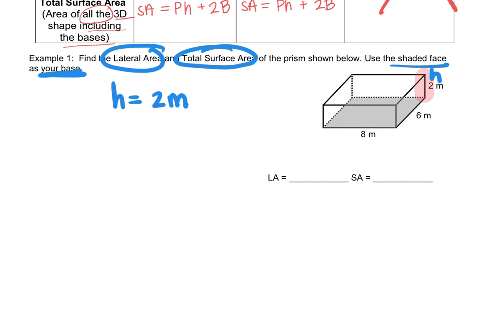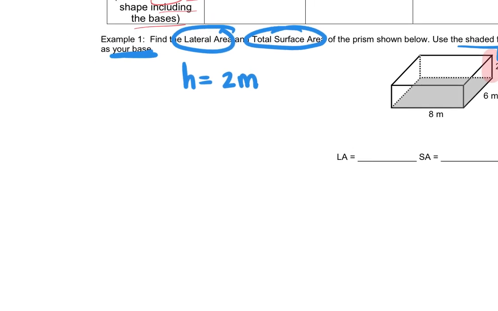And since I am looking for the lateral, give me 1 second. Oh, I'm trying to change my width. There we go. Okay, since I'm looking for the lateral area first, I'm gonna write LA equals PH.